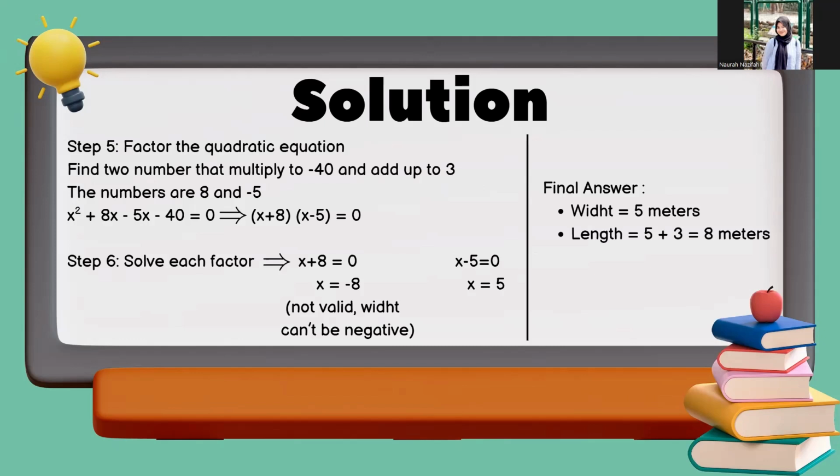The final answer: width equals 5 meters and length is 8 meters, because 5 plus 3 equals 8.